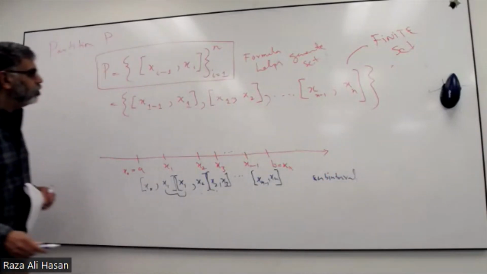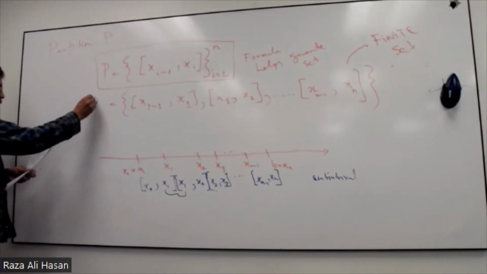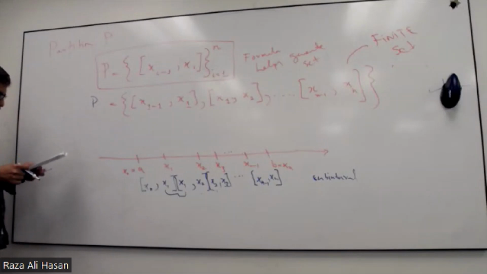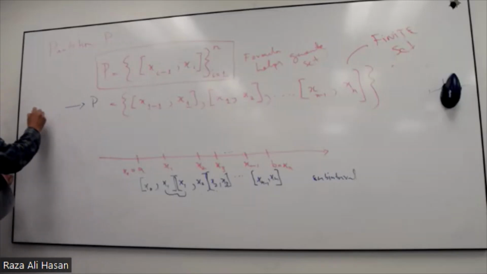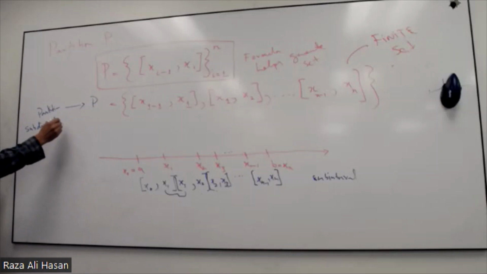Okay. Now, this is called a partition, which has subdivided the closed interval AB into subintervals.